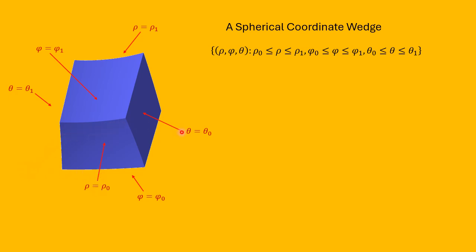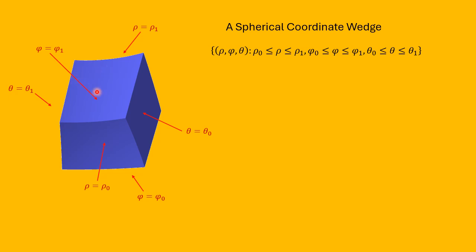In this diagram over here, this side is going to be part of the surface rho equals rho naught, which in its entirety is going to be a sphere. The opposite side, which you can't see, but the back side here, is going to be rho equals rho sub 1. On the left and right, we have surfaces of constant values of theta. This surface, all the points have spherical coordinate where theta is equal to theta naught, and on this opposite side, which we can't quite see, theta will be theta sub 1.